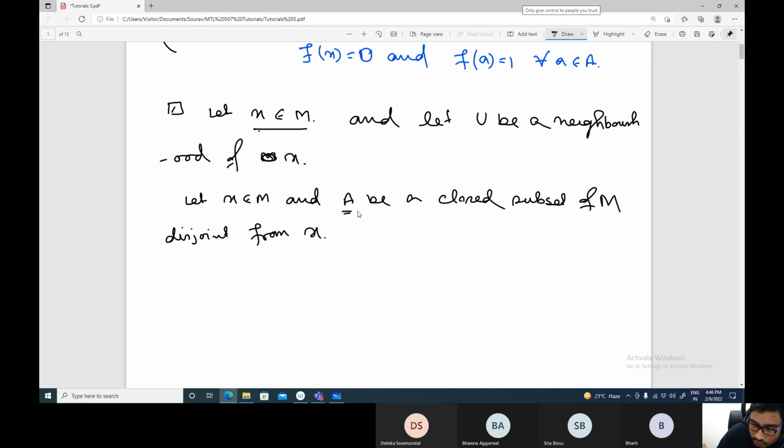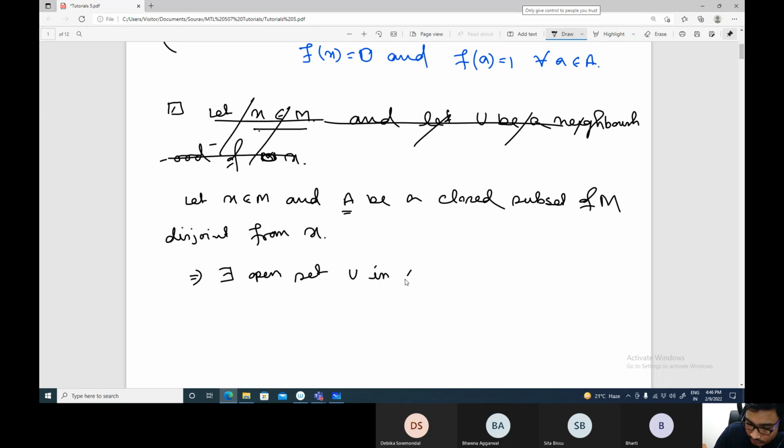Now since A is closed and x does not belong to A, this implies there exists an open set, say U, such that x belongs to U, but U intersection A is empty, that is, A is a subset of U complement.